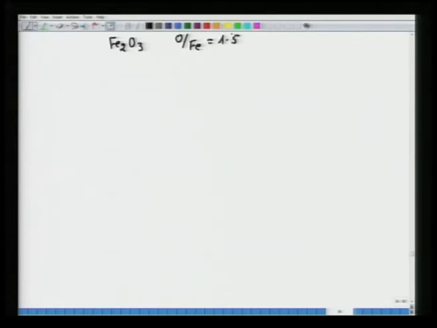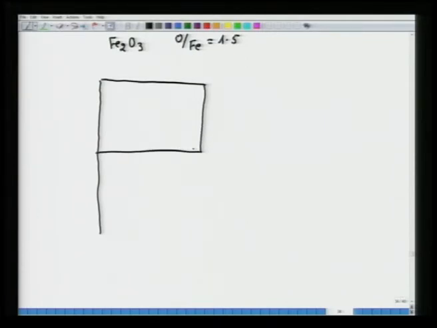So, now if we plot it, say this is the plot, this side is 0, I am plotting here O by Fe, and here I am putting O by C. Naturally, O by C equal to 1 is CO, and CO2 is O by C of 2. Here say 0, this is O by Fe. For Fe2O3, it is 1.5.